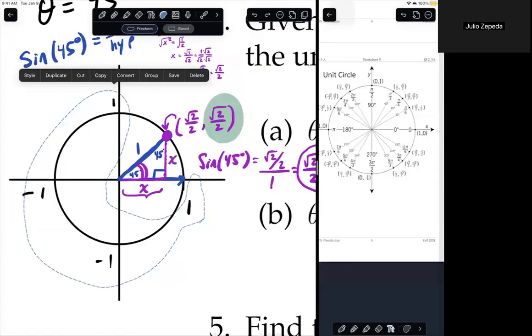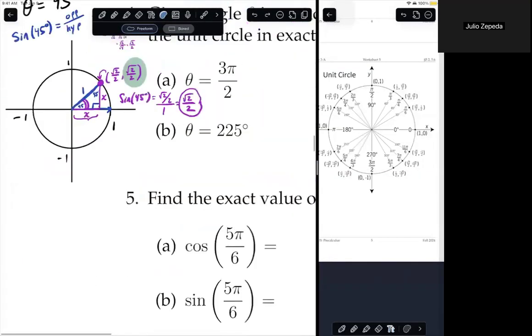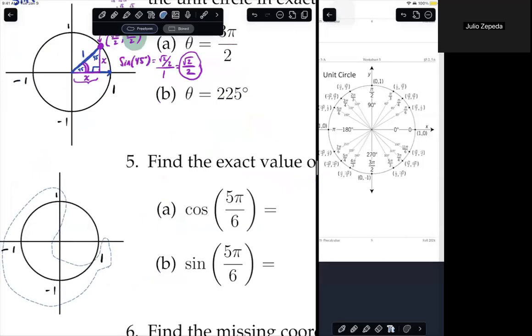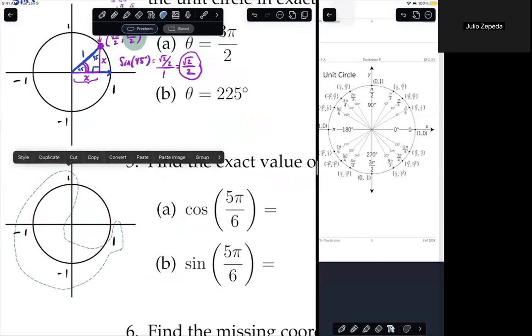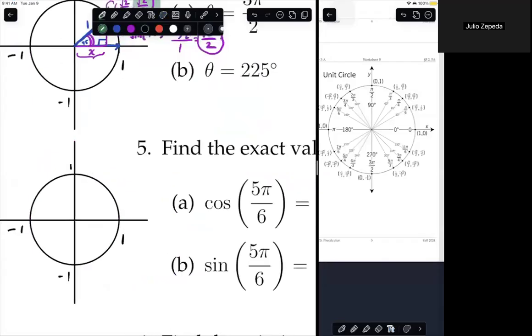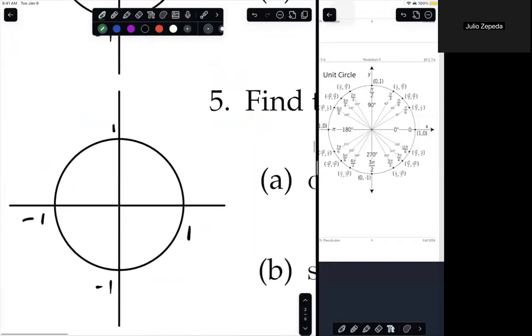So let me copy that and paste in your copy. Okay. Now let's choose another angle, and I'm going to choose it in the first quadrant for right now, just some random angle. For some random angle made in quadrant 1, I can repeat this process and say, okay, well, my angle that I'm considering is theta, which is that angle there.